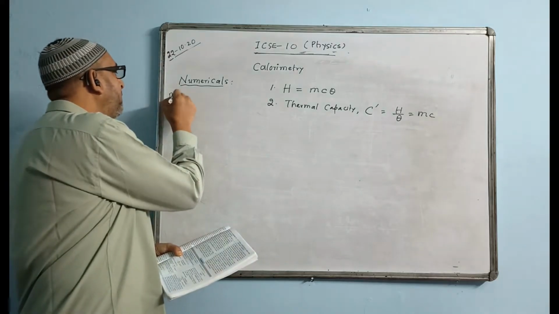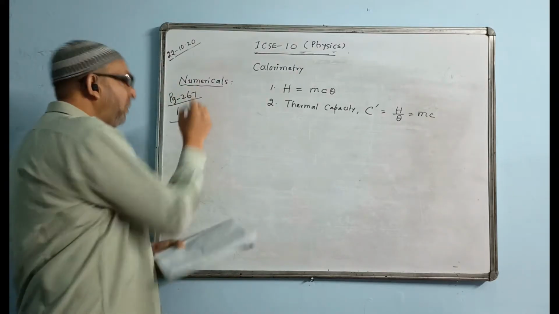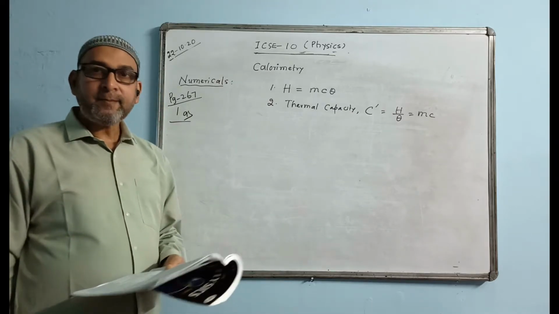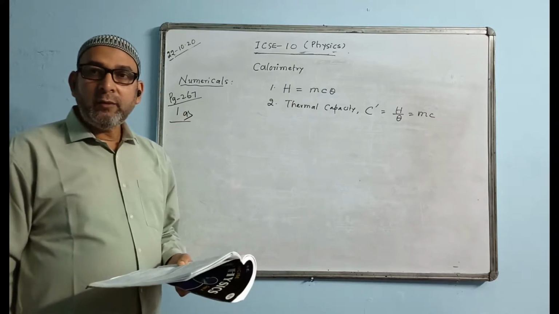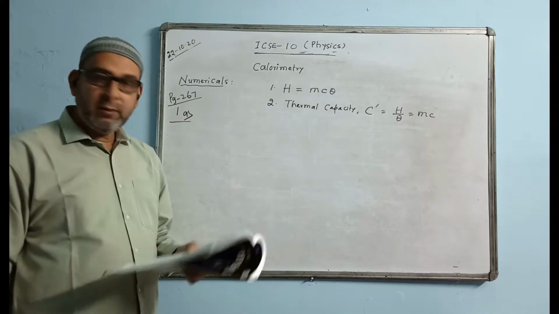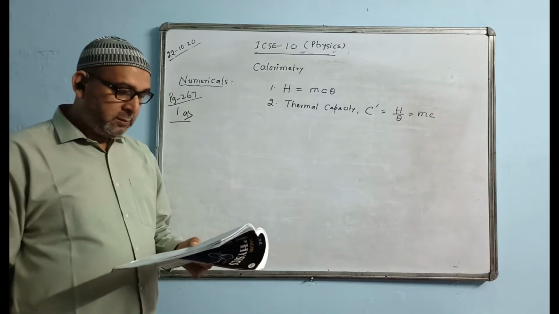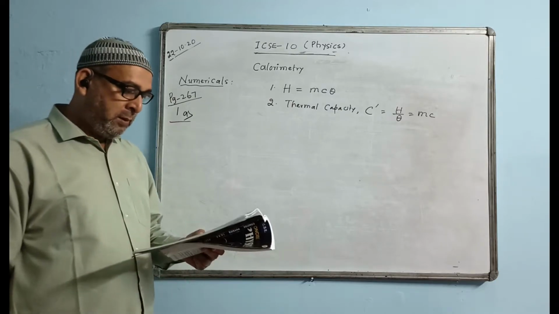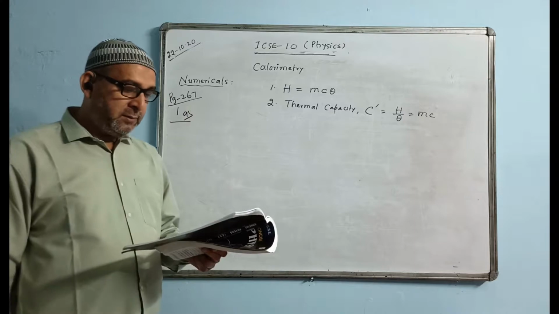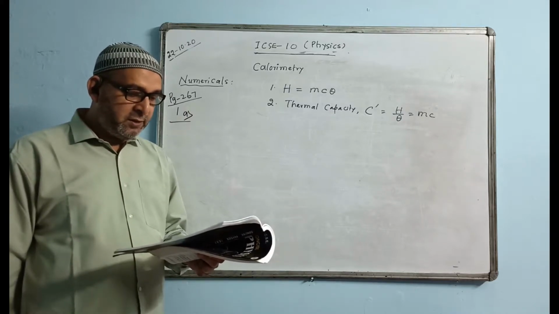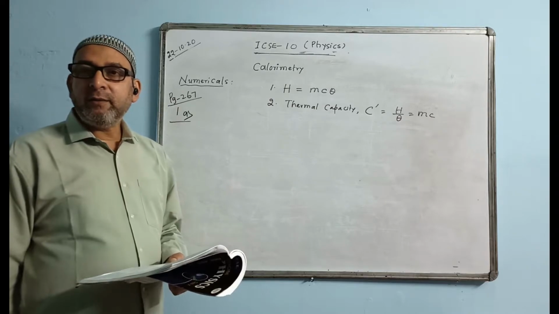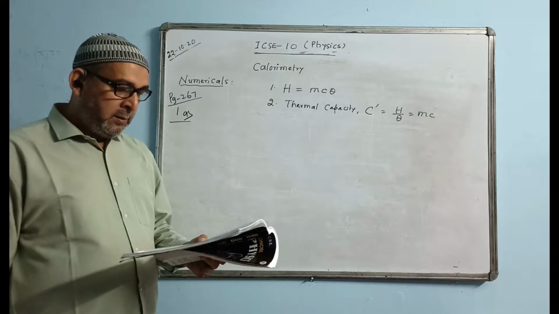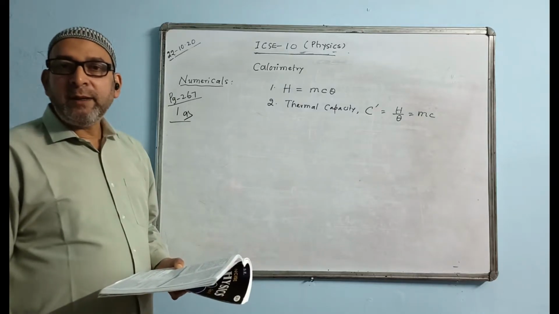If you have the book, you can refer to it. The question says: an iron ball requires 5000 joule heat energy to raise its temperature by 10 degrees Celsius.